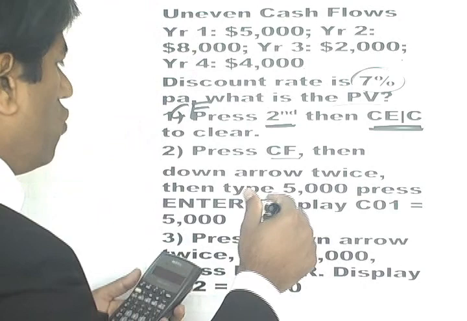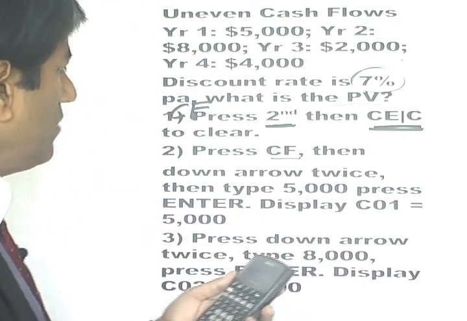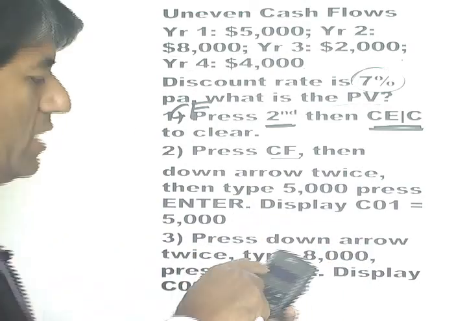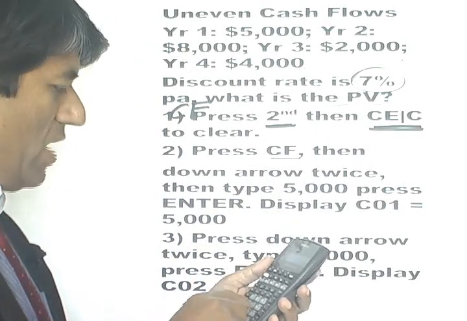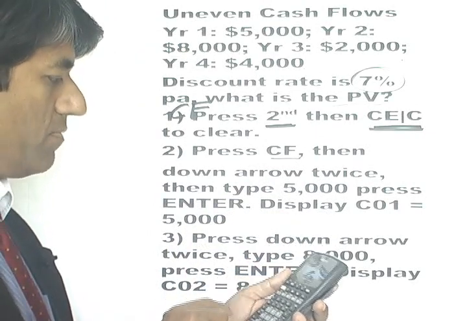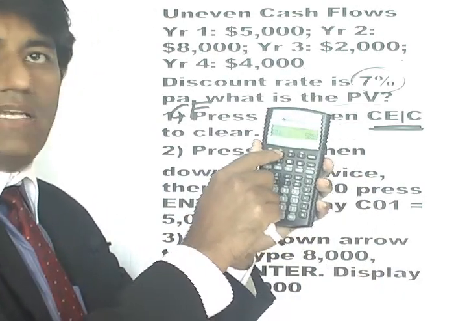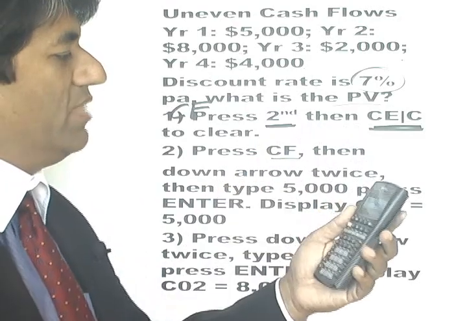After that, you press the down arrow twice, or whatever gets you to C01, and then enter 5,000 and press the enter button, which is next to the CPT button.